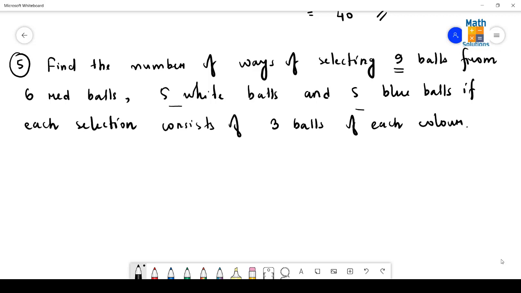Each selection consists of 3 balls of each color, meaning we have to choose exactly 3 red balls, 3 white balls, and 3 blue balls. So 3 plus 3 plus 3, a total of 9 balls are to be selected. First of all, I'm going to write what information is provided in the question. So let us write it down.